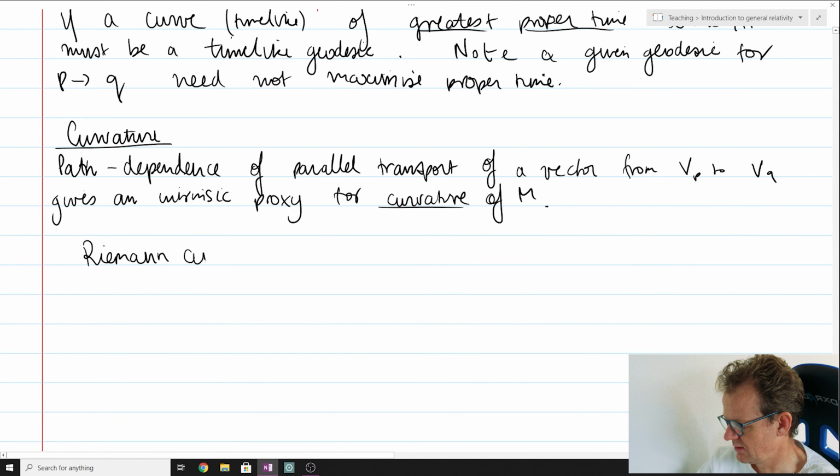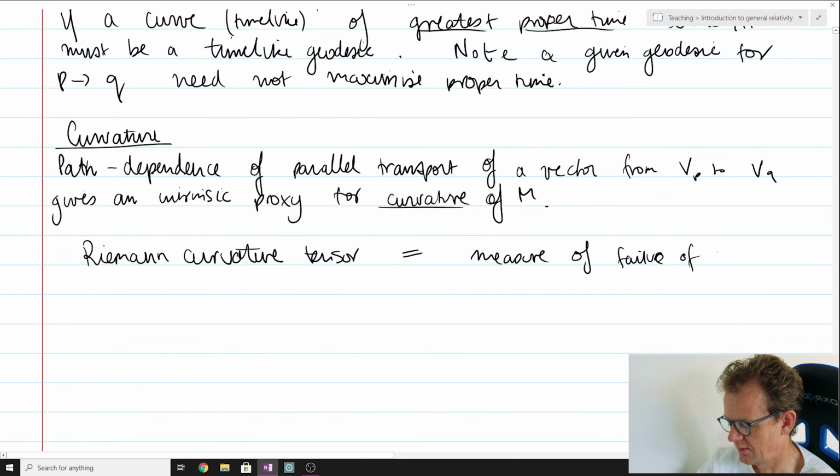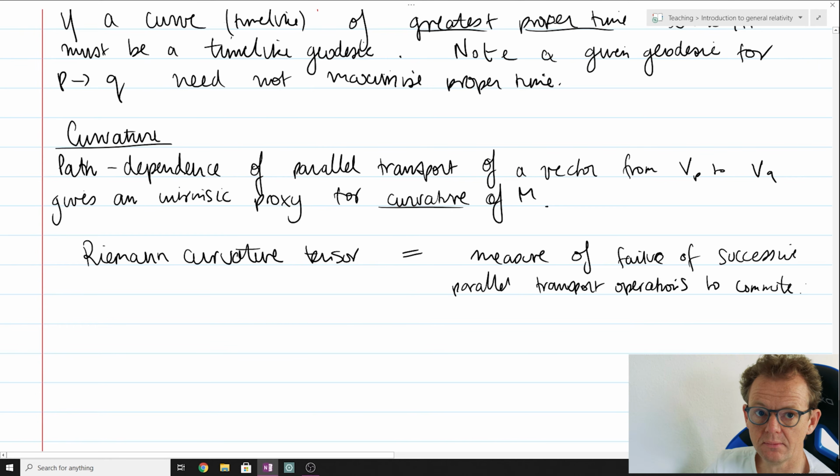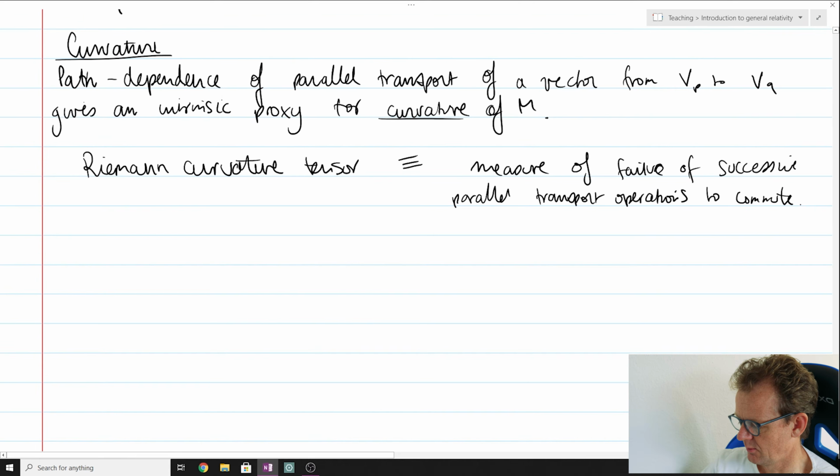So the Riemann curvature tensor is going to be that thing defined by the failure of successive parallel transport operations to commute. That's how we're going to define the Riemann curvature tensor. We'll find a way to do that mathematically. And we'll do this.